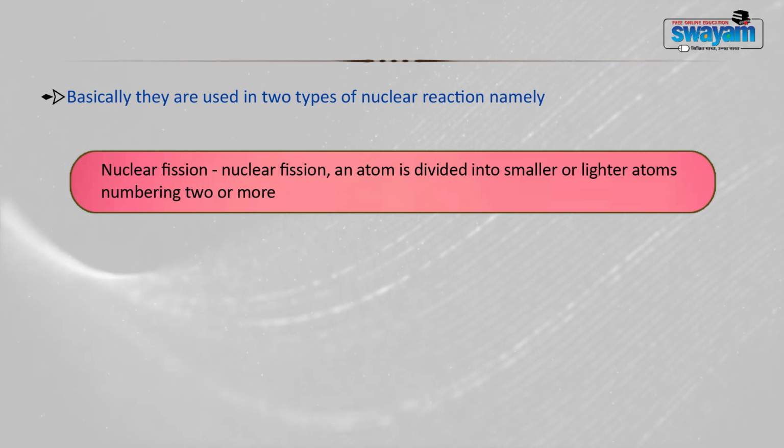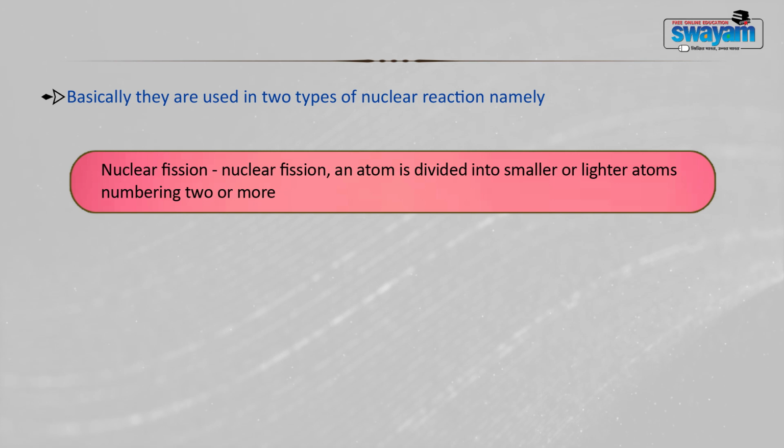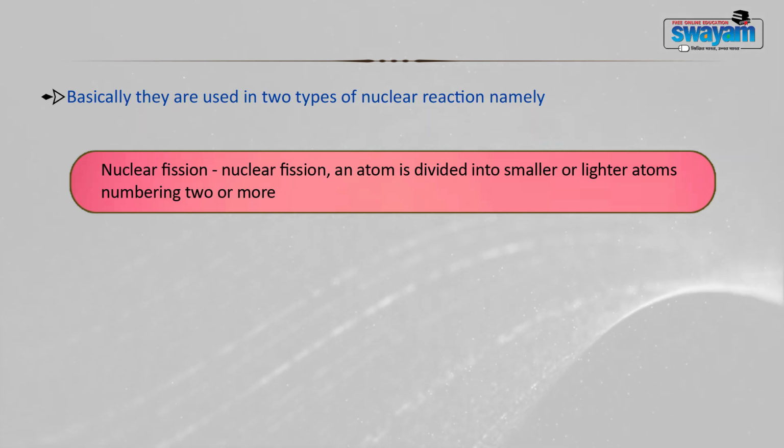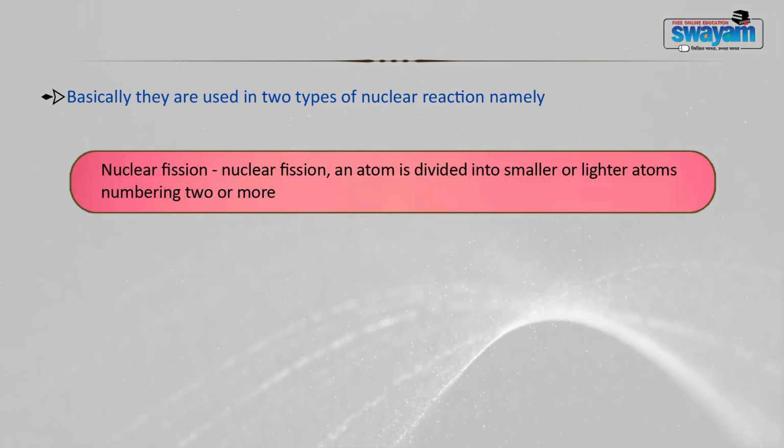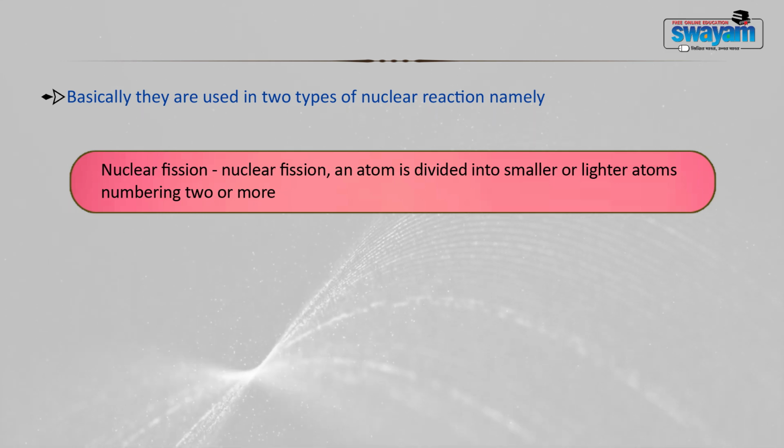Major examples of the daughter nuclides are cesium-137 and strontium-90, and a small amount of tritium, an isotope of hydrogen, is also produced.